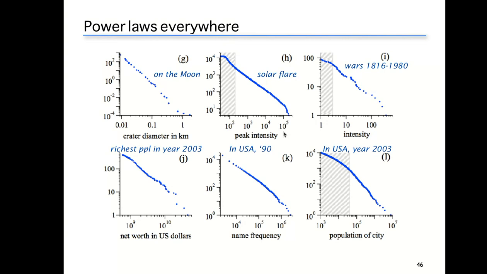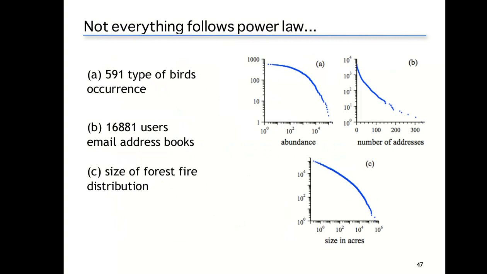So power laws are everywhere seemingly, but as a last slide for the introductory part before we start discussing today's part about random graphs, not everything follows power law, of course.